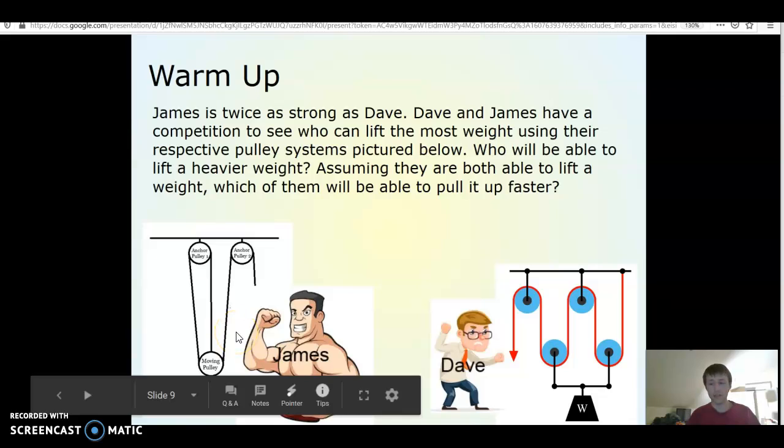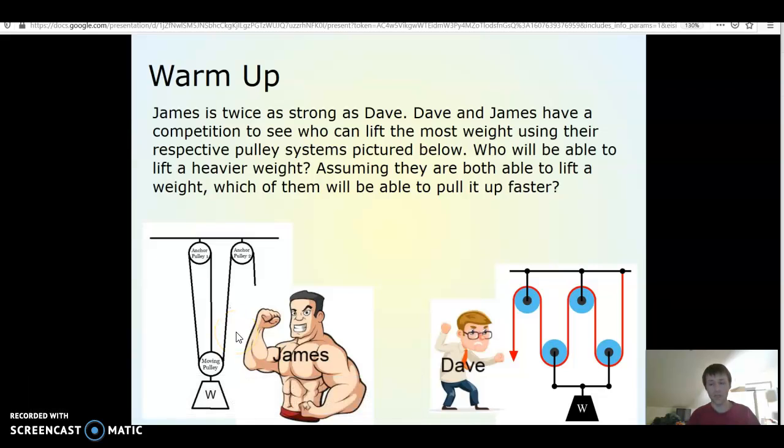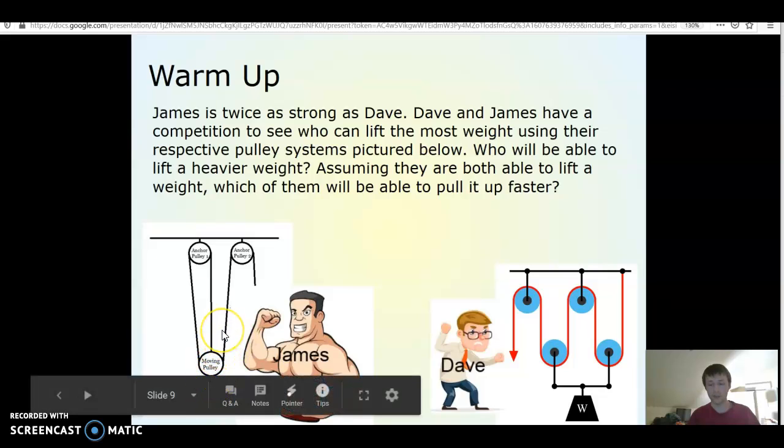James, on the other hand, has a 1 to 3 system, meaning for every 3 feet he pulls, this lifts up 1 foot. So he is able to also pull up faster, since his weight moves up quicker as he pulls out the rope. So James has an advantage in both cases.